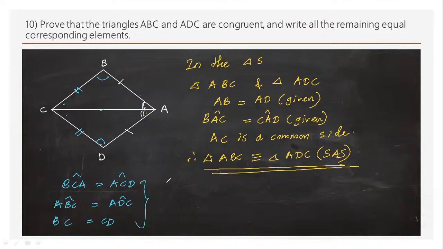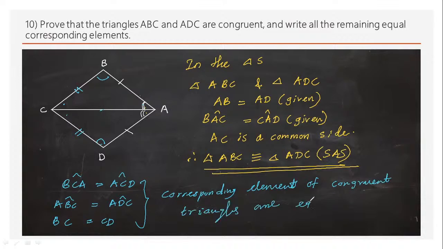These are the corresponding elements of congruent triangles. Corresponding elements of congruent triangles are equal.